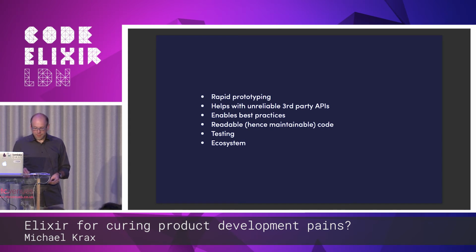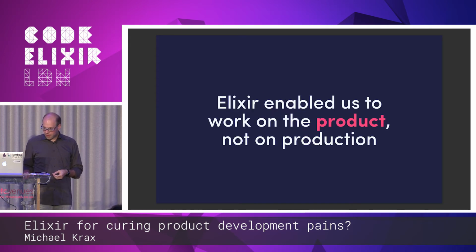It produces readable and hence maintainable code. It allows us to test. And we have an ecosystem which is actually sufficient for what we need. In other words, Elixir enabled us to work on the product, not on production. Didn't have to fight production.